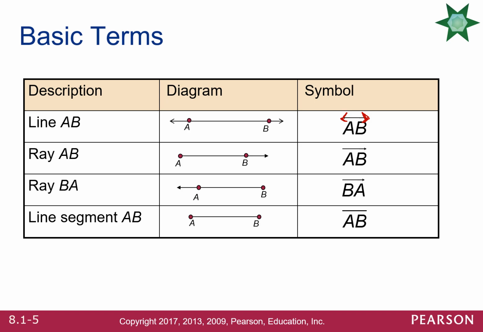There's no arrow on the side of A, but there should be an arrow at B, on the right hand side, because the line extends beyond B. Likewise, for BA, the line extends beyond A, so here we should have an arrowhead. And for line segment AB, there are no arrows on either end because the line stops at A as well as at B.